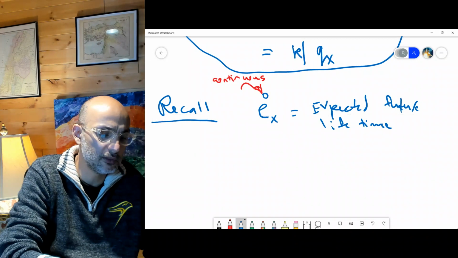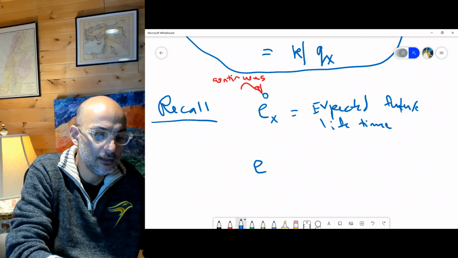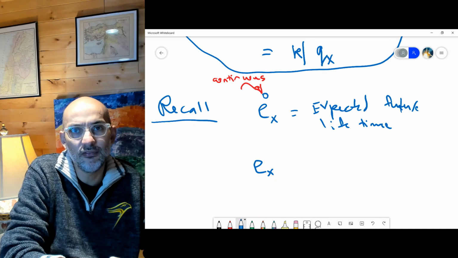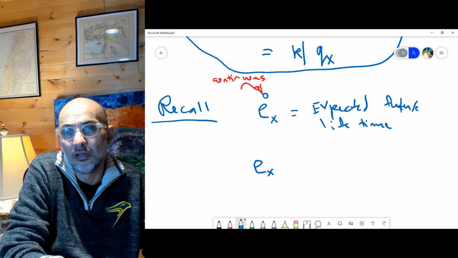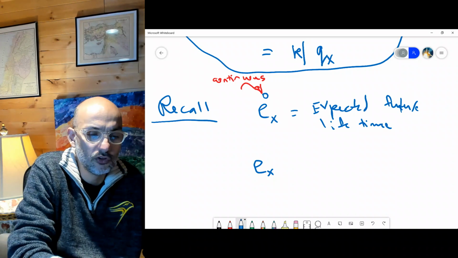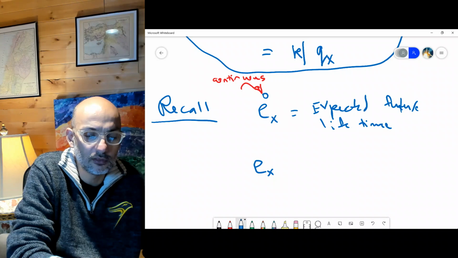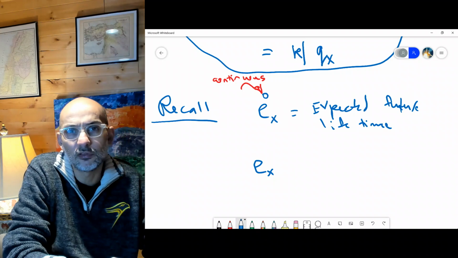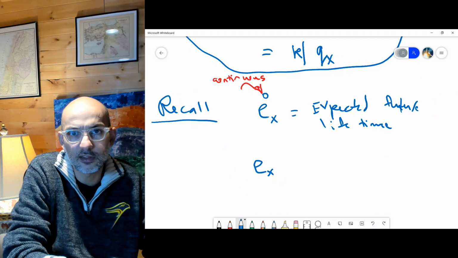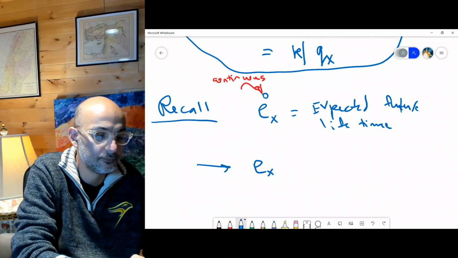Same thing we use, but now instead of e_x, the expected life at age x, maybe at age 70, it's not continuous. So without the 0 on the top right corner, we understand that this is discrete, right?